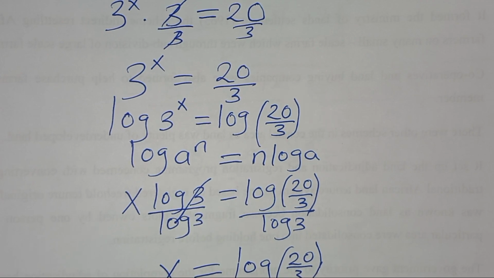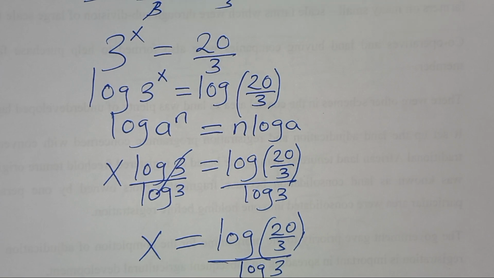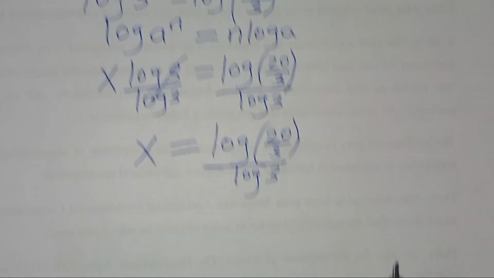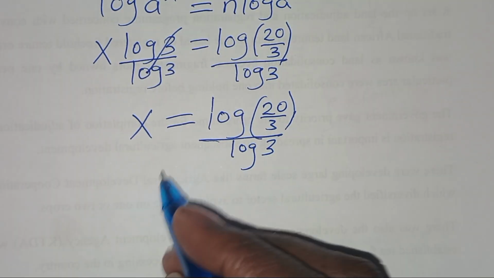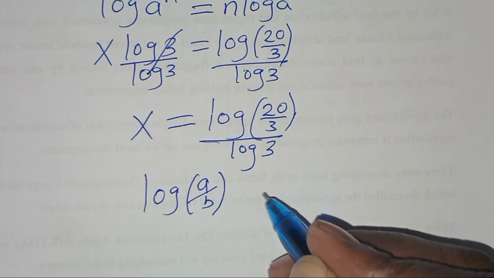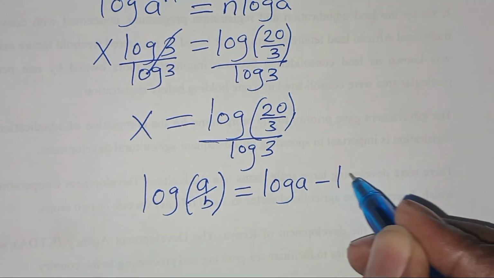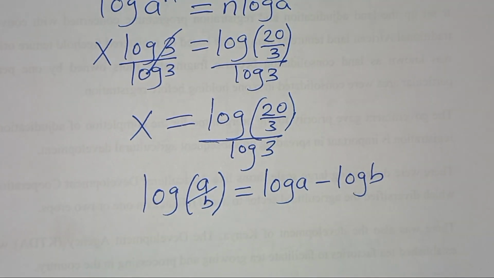divided by log 3. Now the next step from here, you find that log 20 over 3, this is in the form of log a divided by b, which we can express as log a subtract log b.